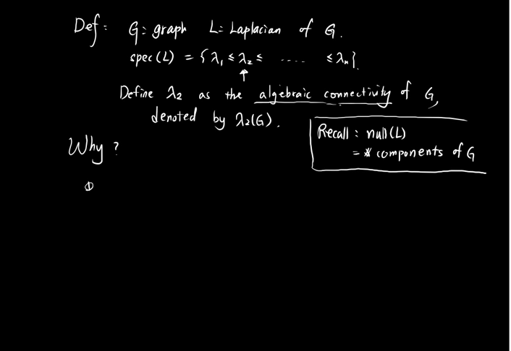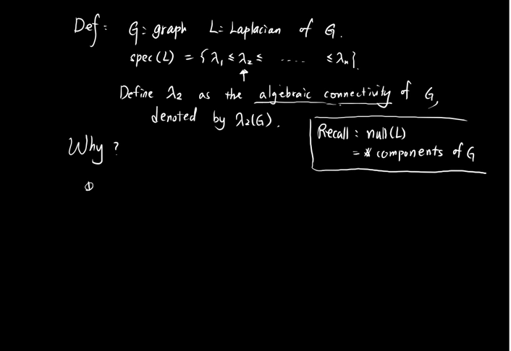So this means lambda 1 is always 0, and if it has 3 components, then lambda 1, lambda 2, lambda 3 are all equal to 0. And what does that mean? How about this one? Lambda 2 is equal to 0. That means G has 2 or more components, which means it is disconnected.